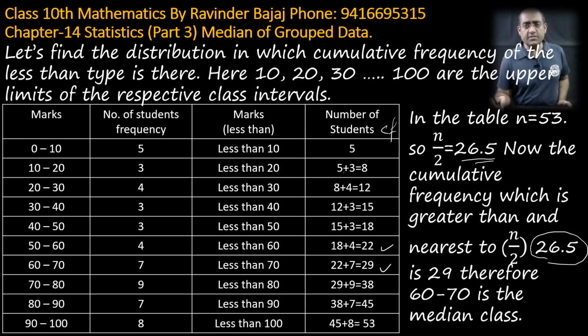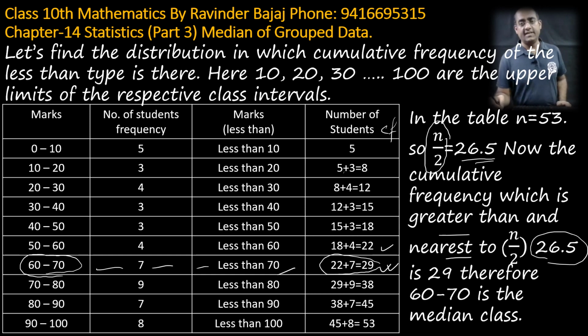Which value is greater than and nearest to 26.5? This is 29. So this class, 60 to 70, is called the median class. You have to check the value of n by 2, and it will fall in the category greater than and nearest to 26.5, which is 29. So this is called the median class.